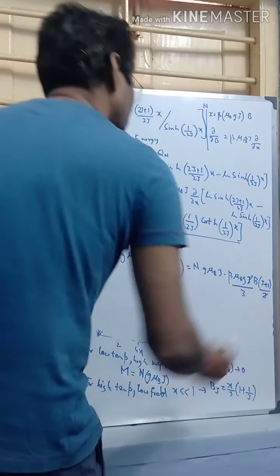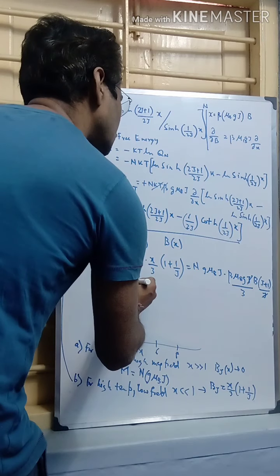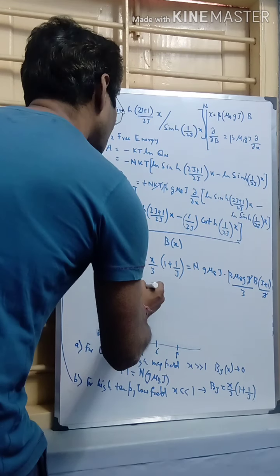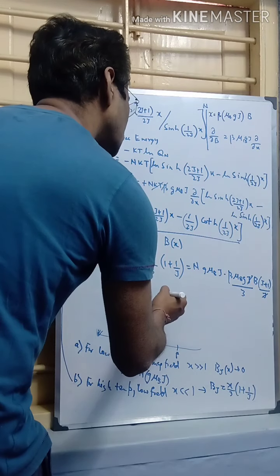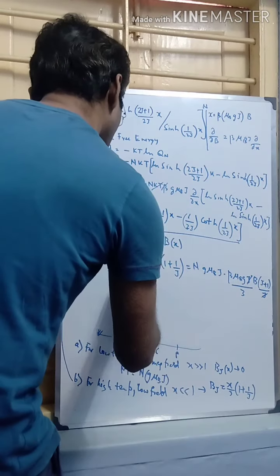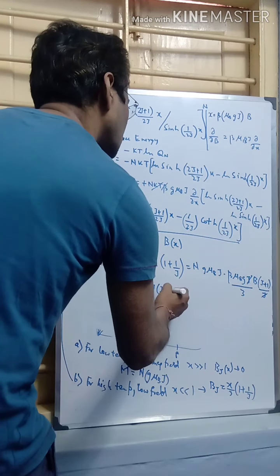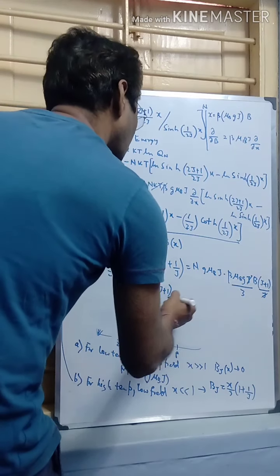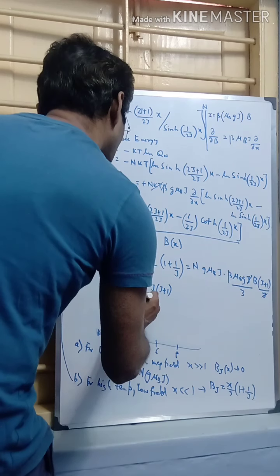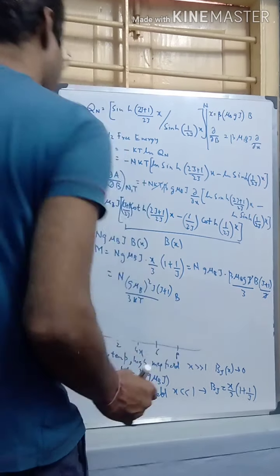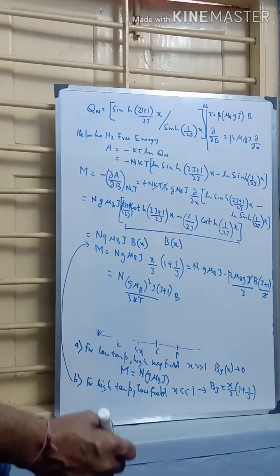So j cancels out and we are left with N (g mu_B) whole square, j into (j plus 1), and beta is 1 by kT, so thrice kT, times B. And this is the quantum mechanical expression for the magnetization.